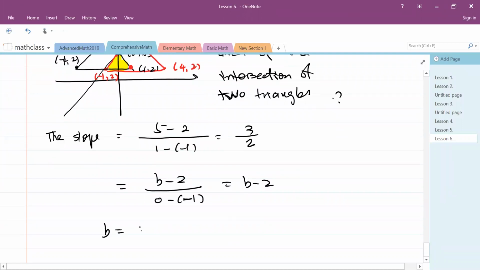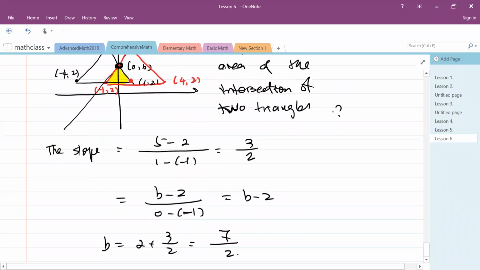So b equals 2 plus 3/2, which is 7/2. 7/2 is the coordinate of the intersection point, but that's not the height of the triangle. The height of the triangle is still 3/2. Okay. Yeah, the height of the triangle is still 3/2.